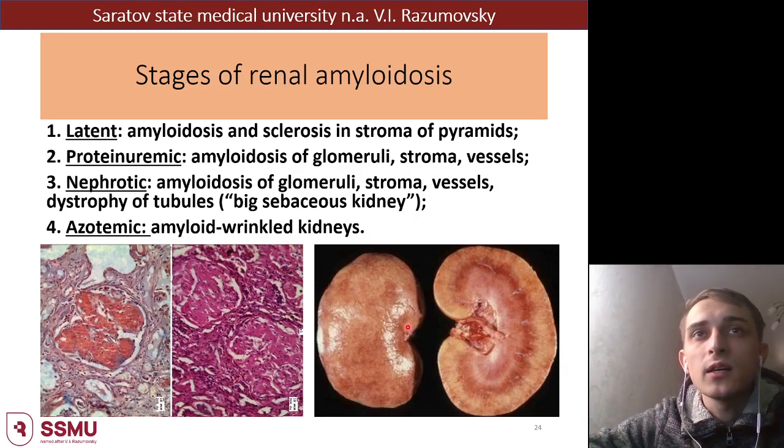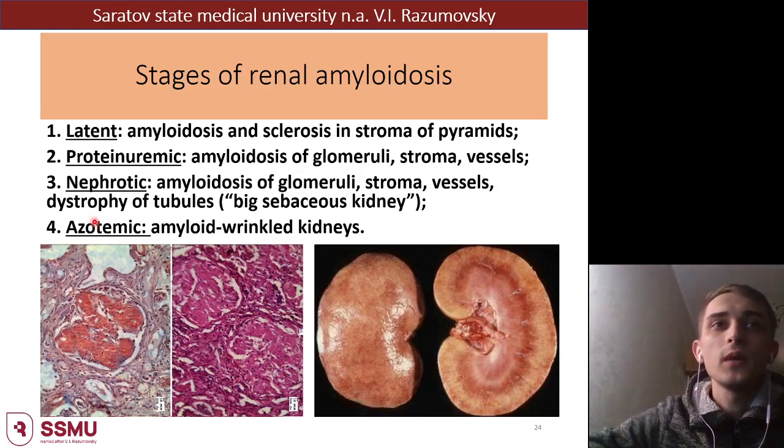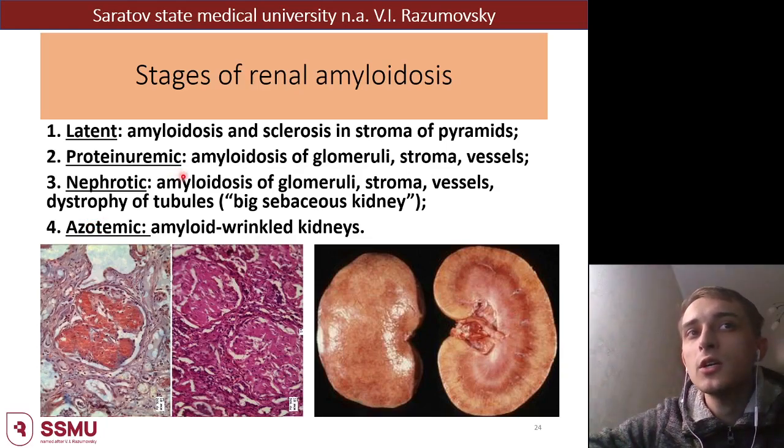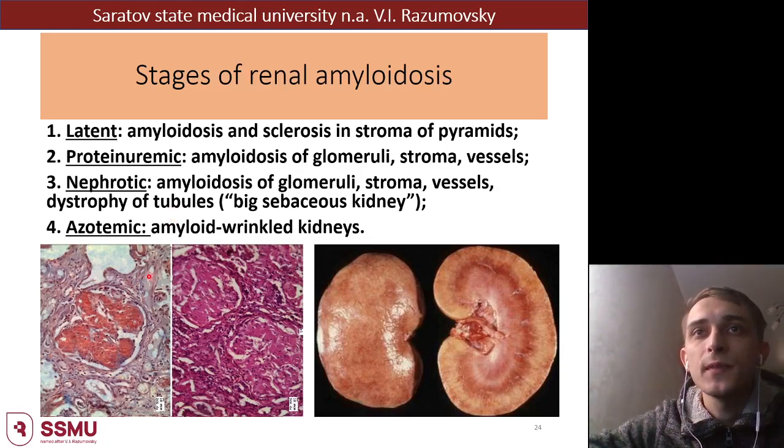It may be localized in the stroma, glomeruli, vessels, and tubes. And the last stage or terminal stage of amyloidosis is the azotemic stage. As a result of the azotemic stage, we may again see accumulation of nitrogen products in the blood plasma and formation of toxic injury of all internal layers.